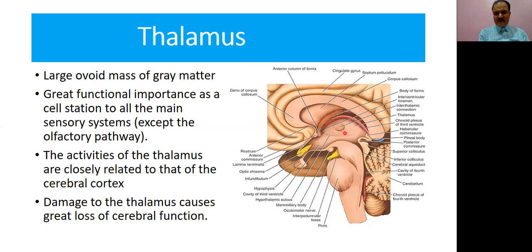This means the cerebrum, though functionally viable, will not function properly because it does not receive the stimulus from the thalamus. Only the olfactory sense goes directly to the forebrain and does not pass through the thalamus.